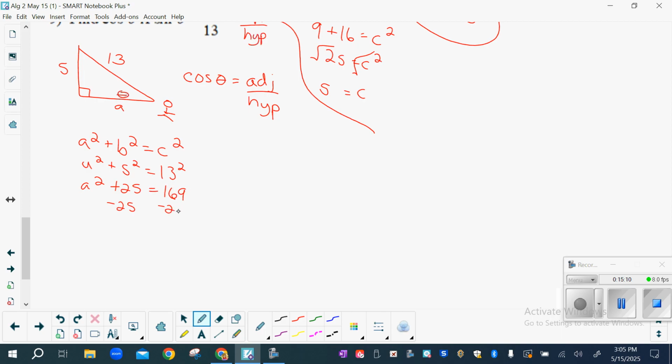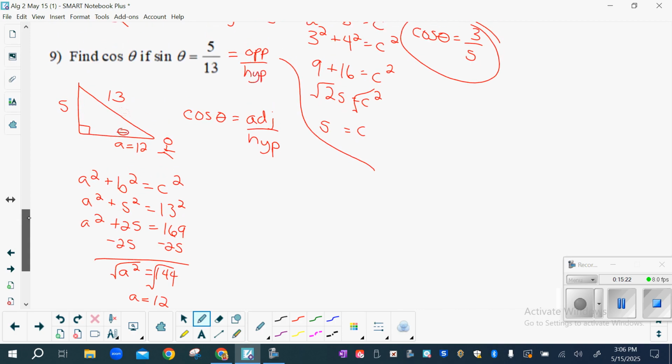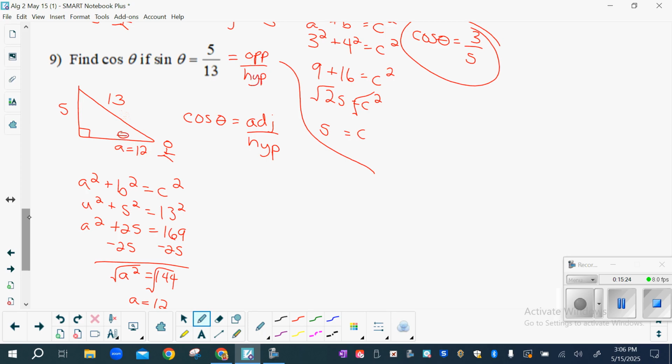Subtract 25. a squared is 144. Square root, and a is 12. So this side here is 12. So cosine is going to be adjacent, which is 12, over hypotenuse, which is 13. Cosine theta equals 12 over 13.